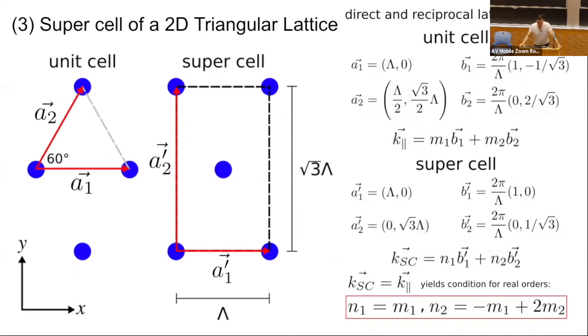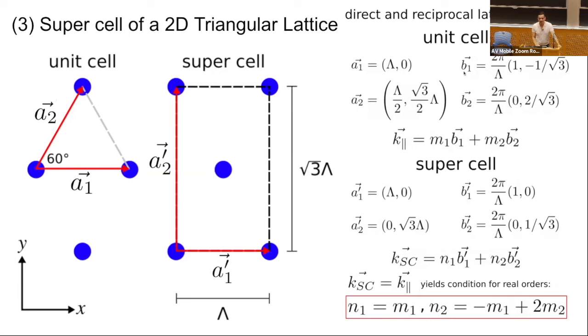Okay, so just a quick review of the relationship between a direct lattice and a reciprocal lattice. You might remember this from your class in solid state physics. For a triangular lattice, with this unit cell with lattice vectors A1 and A2, the period is, say, lambda, the spacing between any two lattice points.